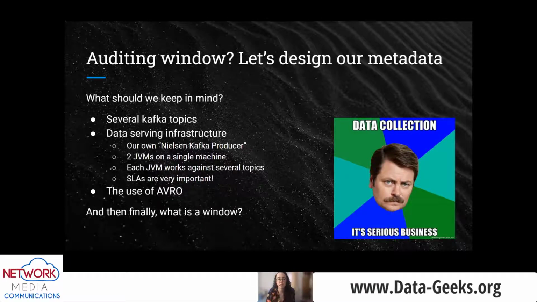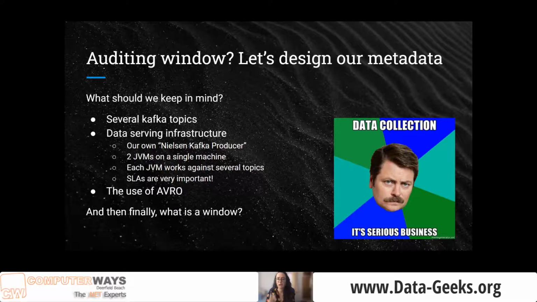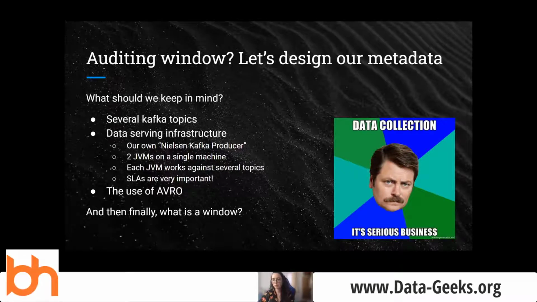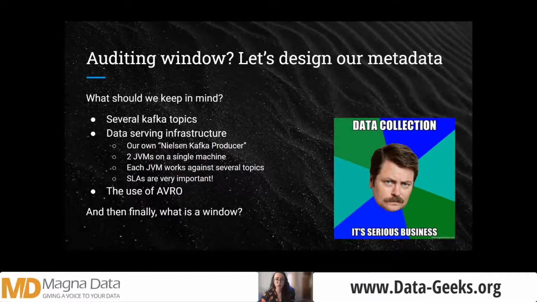And because of the SLA, our code had to be really, really optimized, right? Cool. Another point that I want you to keep in mind is the fact that we use Avro. We use the Avro data format in all of our topics for all of our data. And this had actually made the solution a lot easier.